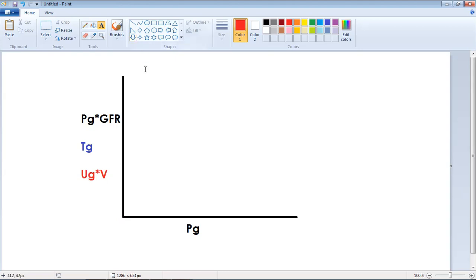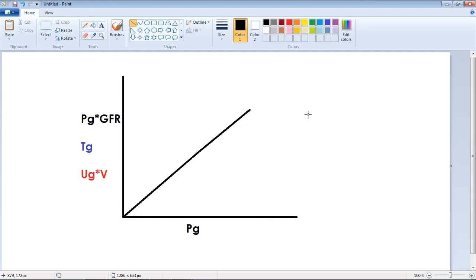When the plasma glucose increases, this will also increase. With the increase in plasma glucose, the filtered load will increase. Simple. So as PG is increasing, PGGFR is increasing. So it is linear in nature.